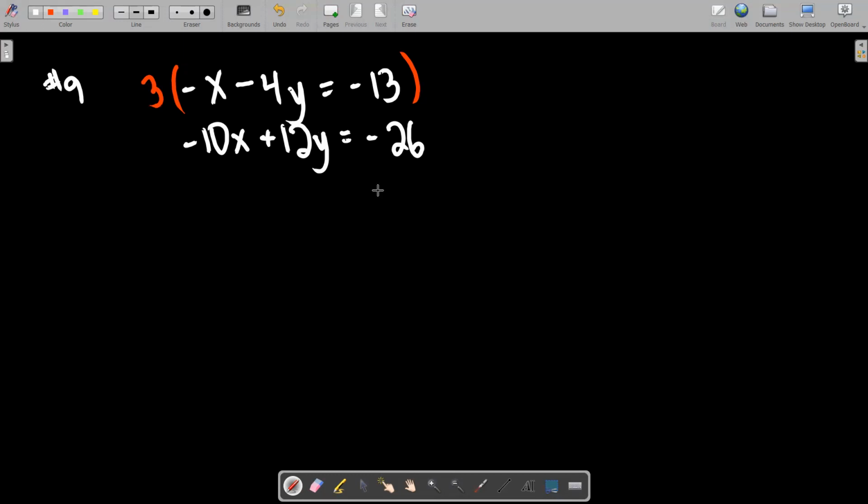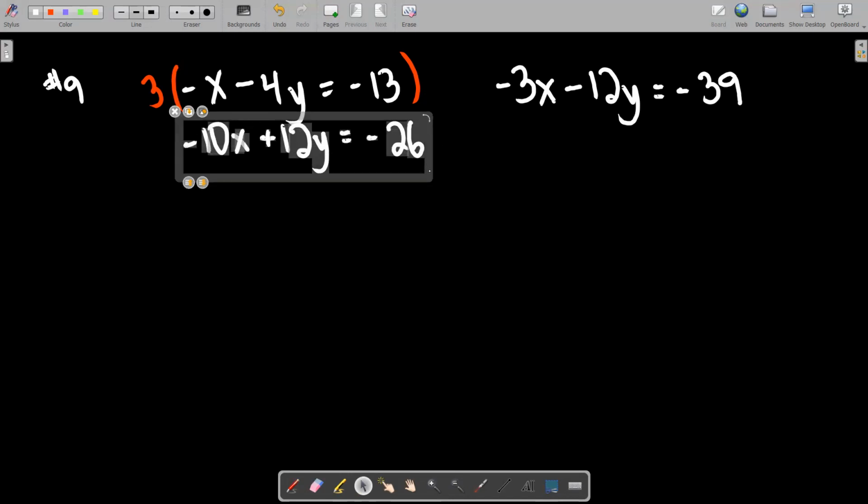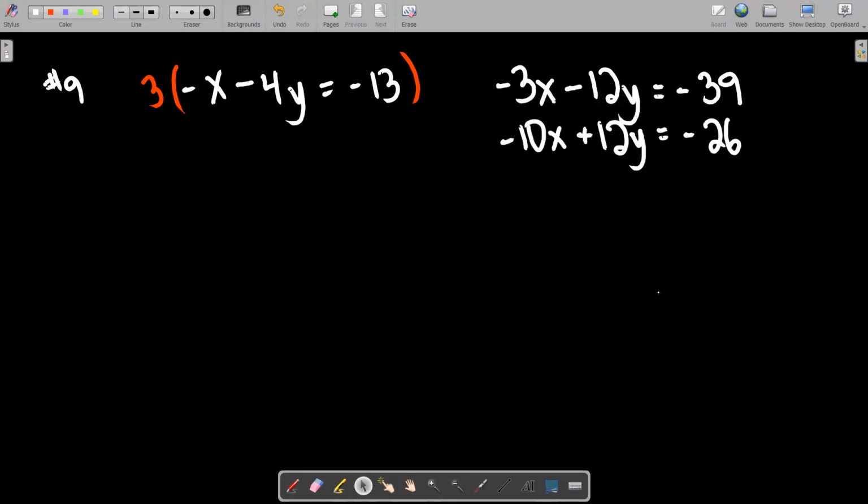Okay, so if we do that, then we get negative 3x minus 12y equals negative 39. Good so far? Okay, and the bottom equation doesn't have to change, so I'm just going to copy the bottom equation over like that.